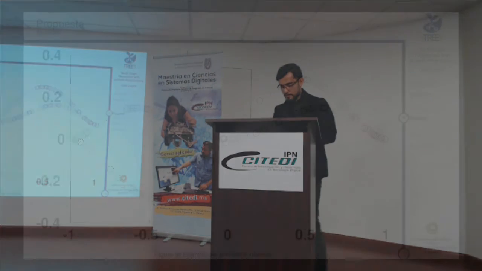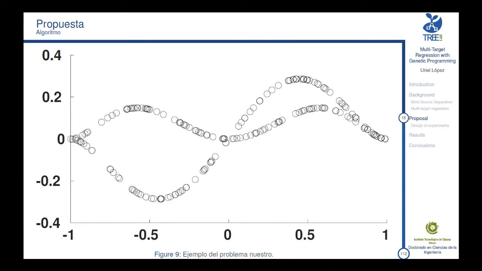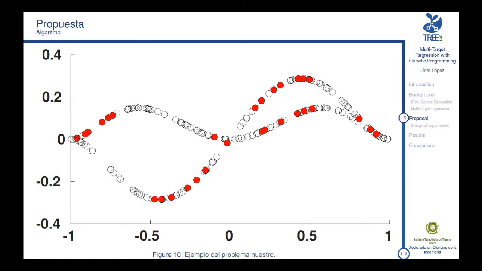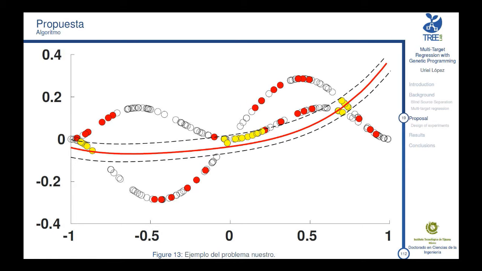So how will our algorithm solve this problem? Well, we first take a random sample. We give these samples to GP for it to construct a model, with a threshold. And now all of the values that are within the defined threshold are summarized or counted.